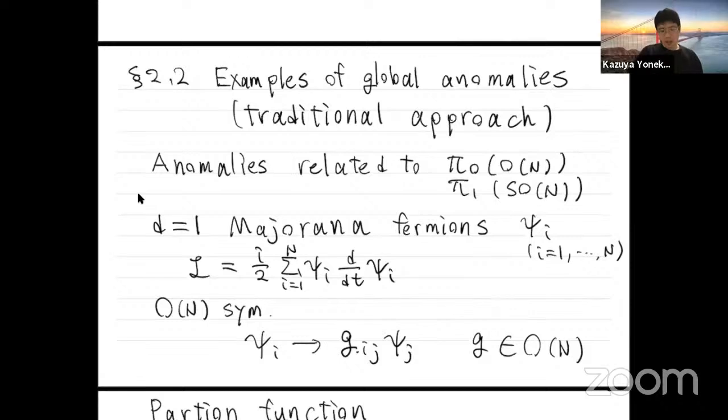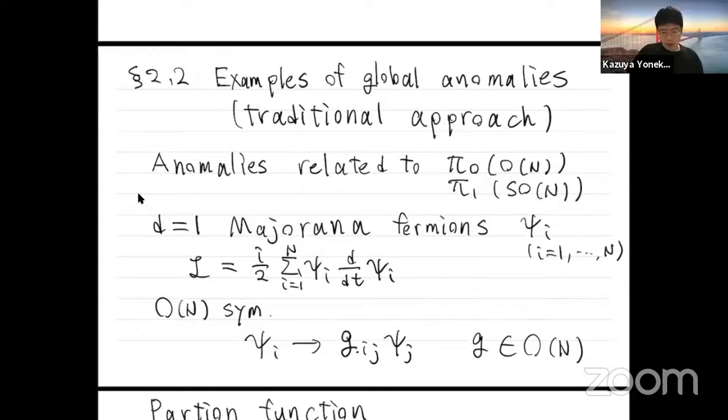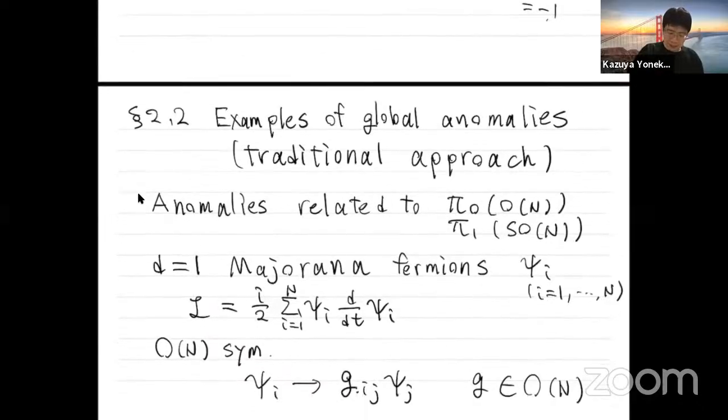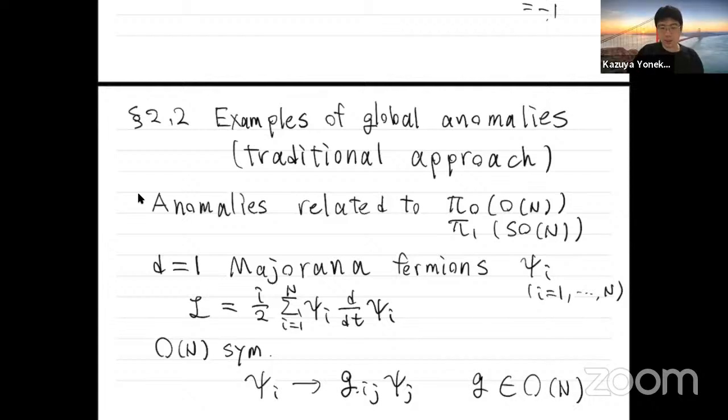I don't think so. I think I only need this O(N) symmetry. Here I'm just doing some traditional discussion, and this traditional approach is not so systematic. Later in my lectures, I will discuss a more systematic approach, and then maybe we can discuss it here.